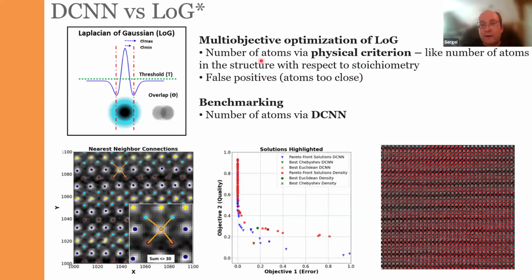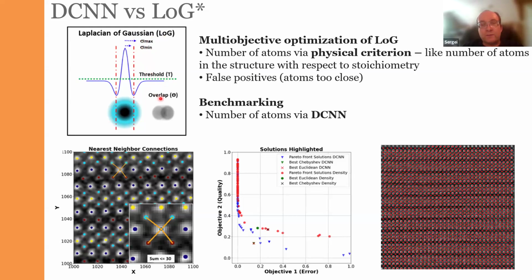If I define these two physical criteria, then I can take a very simple image analysis function, called the Laplacian of the Gaussian, which has several control parameters. If you look at scikit-image, you will get the exact description. There are 4 parameters that define even a simple Laplacian of Gaussian.